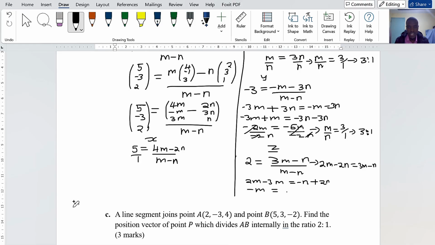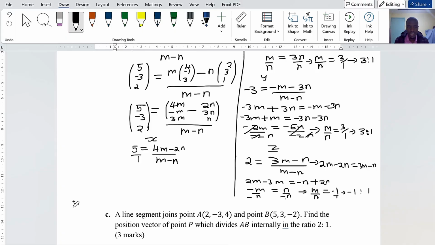On the other side, we need to have n again. So this gives us a ratio of, if we divide by n and by negative, we get m over n equals negative 1 over 1. So this gives you a ratio of negative 1 to 1.